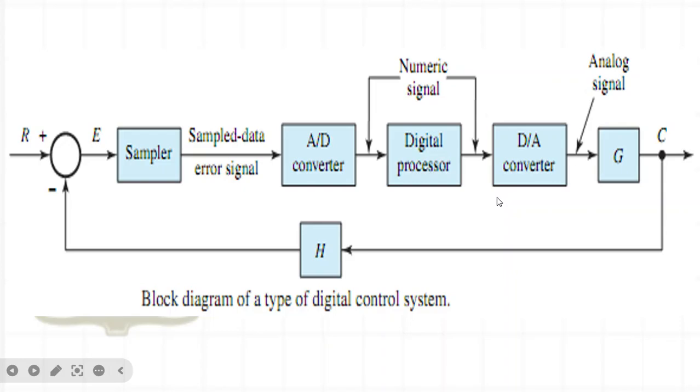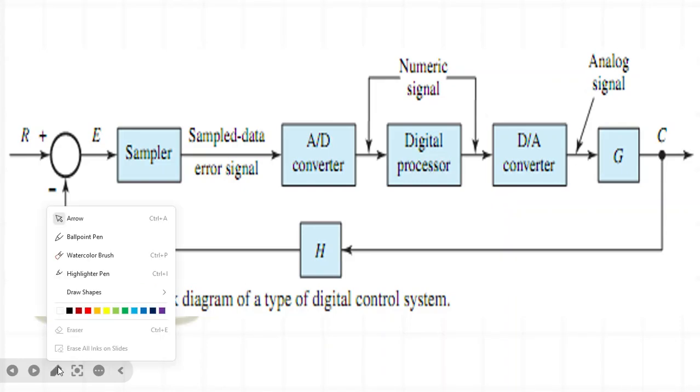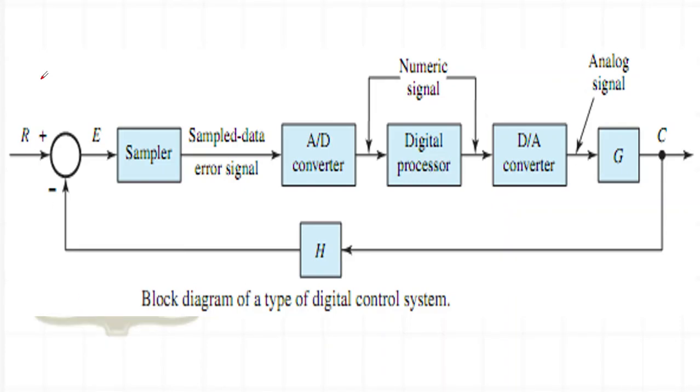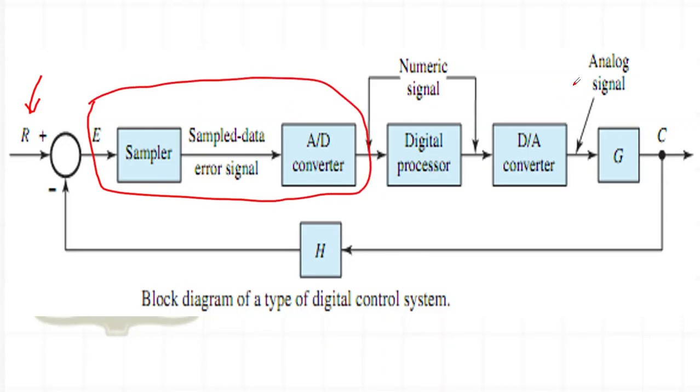Now let us first discuss analog control. If it is analog control, my reference should be analog, right? After that, I don't need all these things, ADC and all. I don't need this, I don't need this, right? I need only the processor.